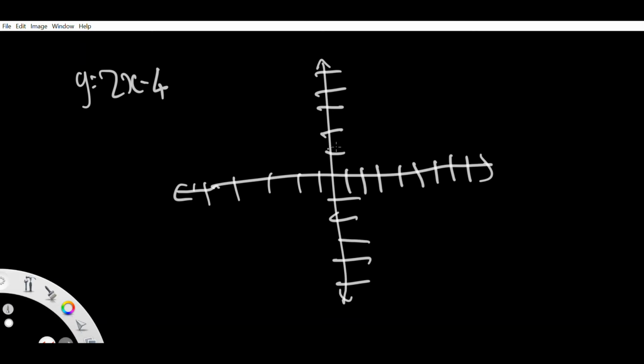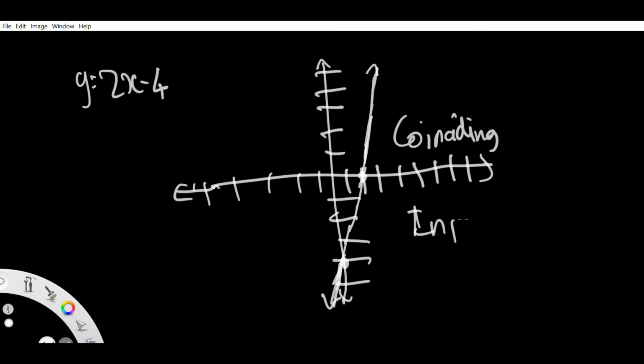The y-intercept would be 0, negative 4, and the x-intercept would be 2, 0. Then we can connect these points. Since both of these have the same exact line, these two are coinciding, which means infinitely many solutions.